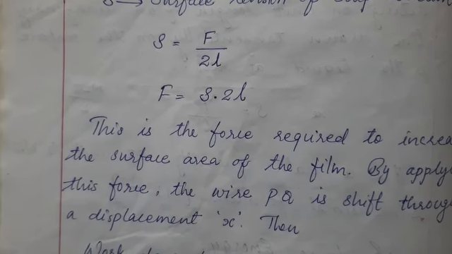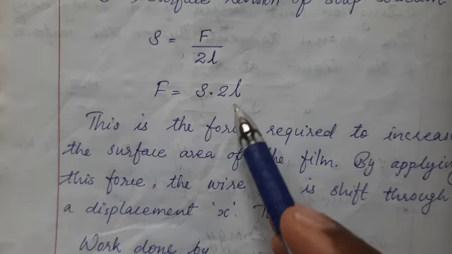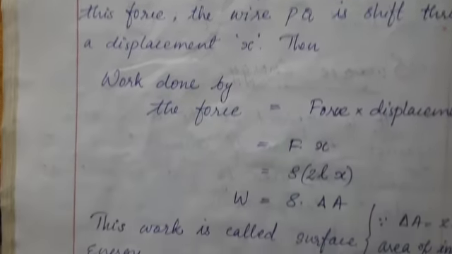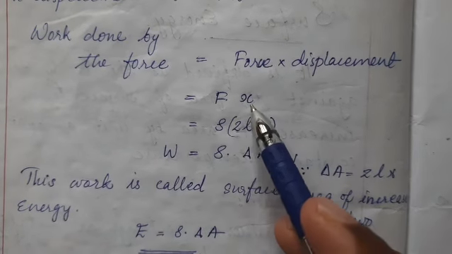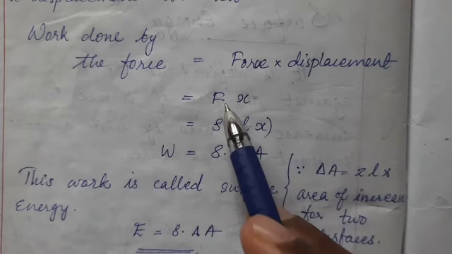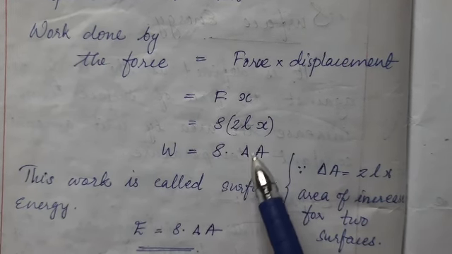So from that we can write F is equal to S into 2L, surface tension into 2L length. As we said, you do work against this by applying force and moving this layer by a distance x. The work done is force into displacement, F into x. F is S into 2L, so work done is S into 2L into x.